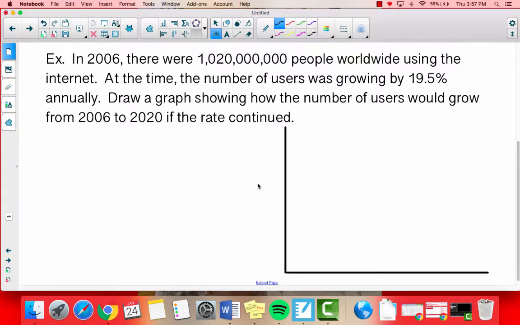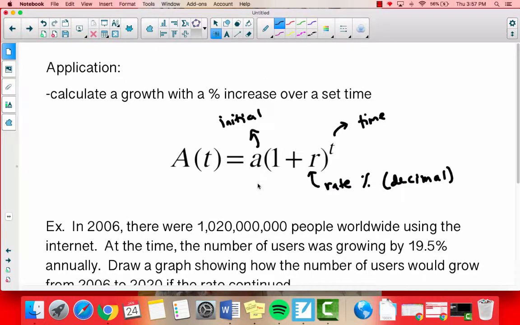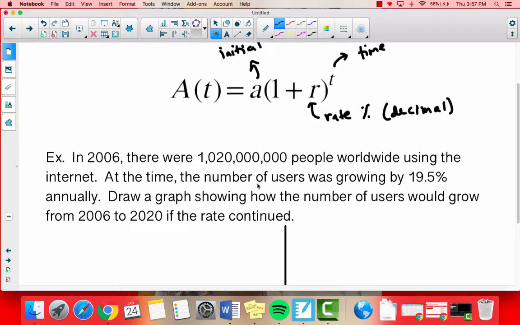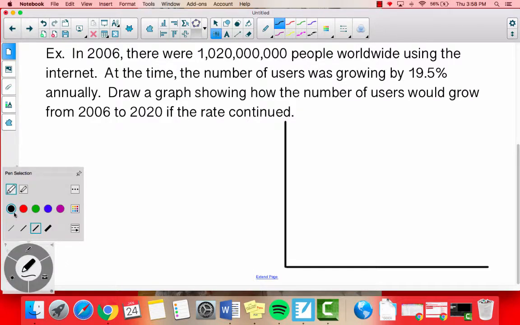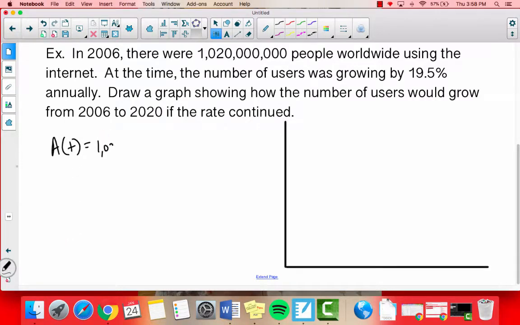All we have to do is plug in the numbers we know into this formula we're given, and then we can plug in points and plot. So let's see here. I know that my initial value was that 1 billion number here, so I'm going to write that out. I'm going to have my amount over time is going to be, so 1 billion. There we go. Okay, so I've got the initial value, and then I know that it's 1 plus my rate.